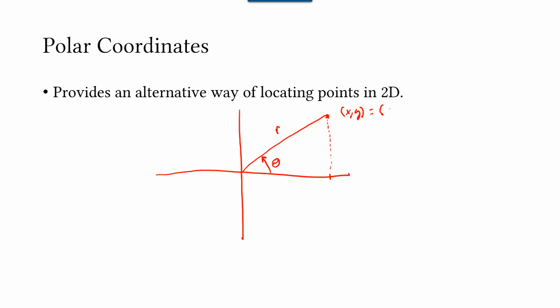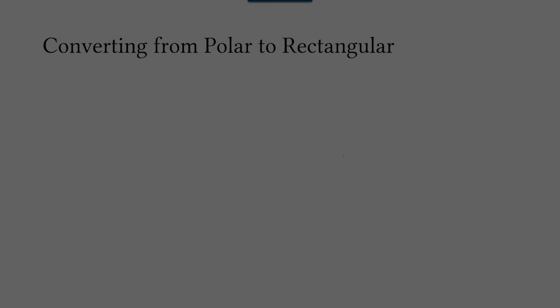So instead of defining the location of our point as x, y, we could define it as r, theta. The way we convert from polar to rectangular is by using the equations x equals r cosine theta and y equals r sine theta. To see where the equations come from, let's get our point back.